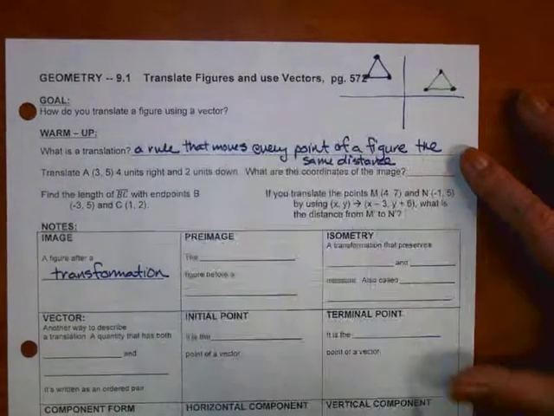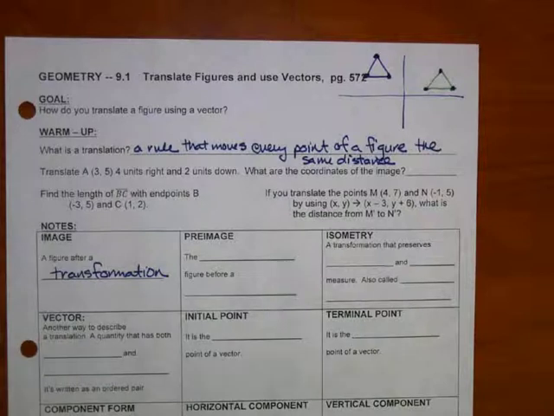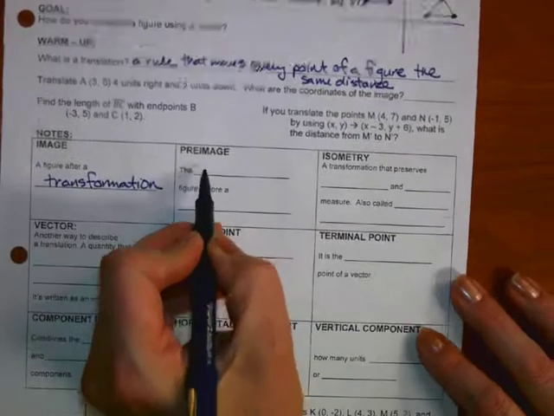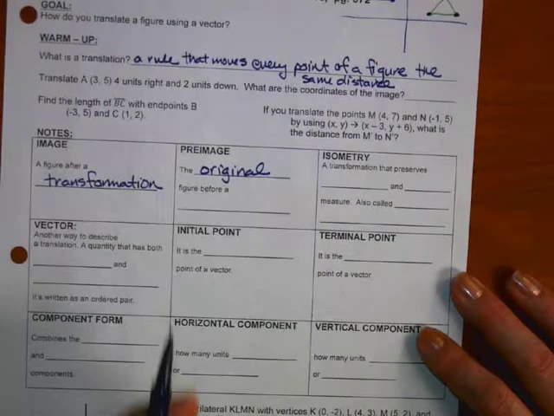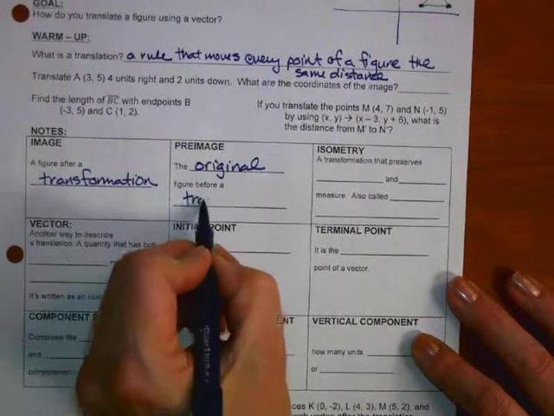There's also a reflection. There's also a rotation. We're going to get to all those later. Today we're just doing translation, which is a transformation. Transforming, it kind of makes sense, right? You're transforming something. And one way to do that is with a translation. Pre-image is the original figure before a transformation.